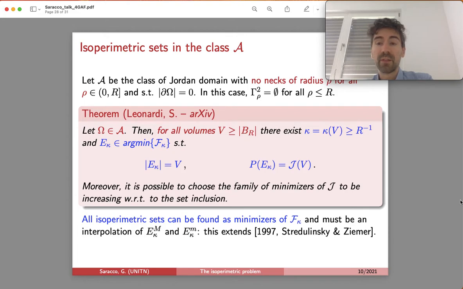So if you give us the Koch snowflake, we know who all its isoperimetric sets are, which is kind of nice. And this more or less closes the part about the shape. We now have a good understanding of the shape of isoperimetric sets for a rather wide class of domains.